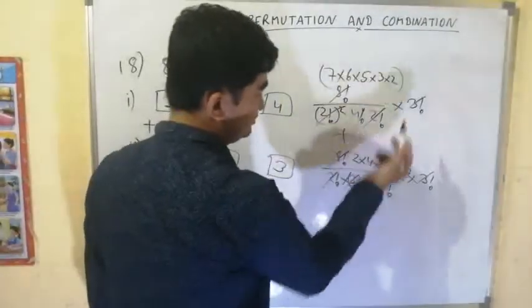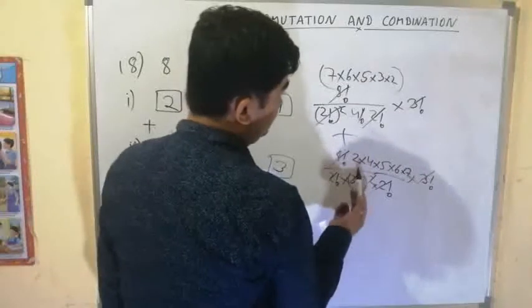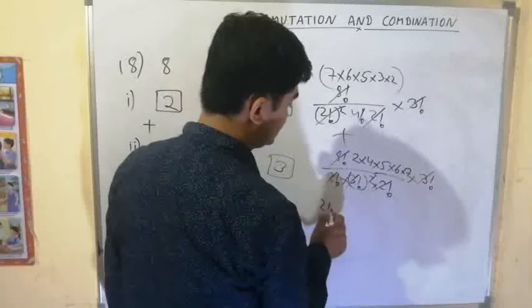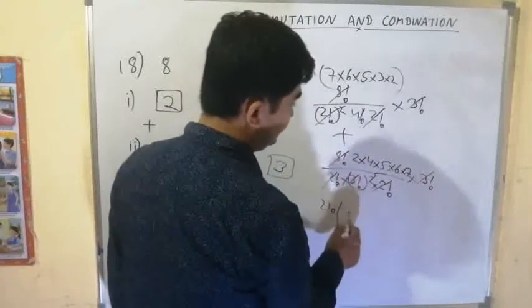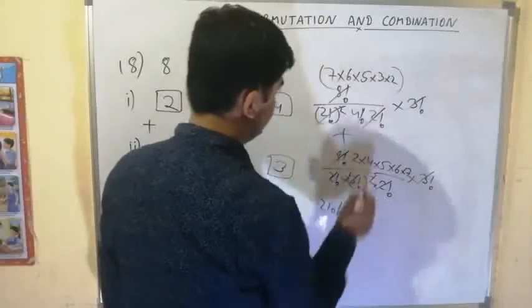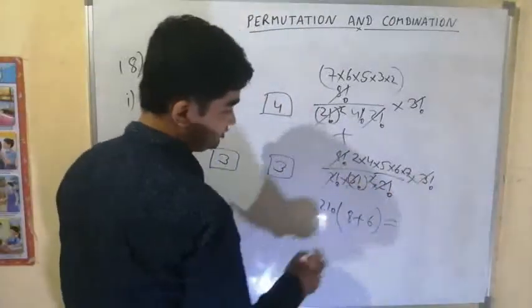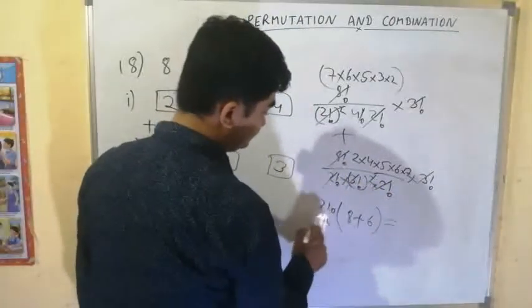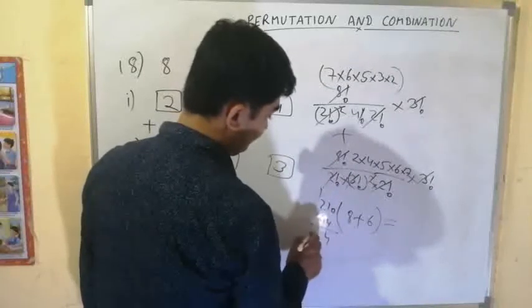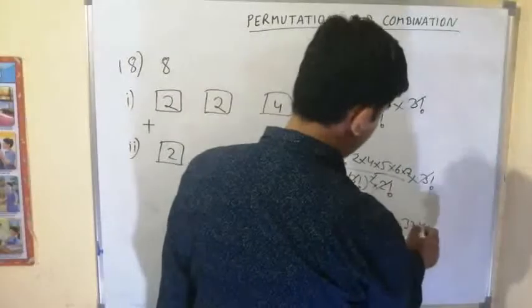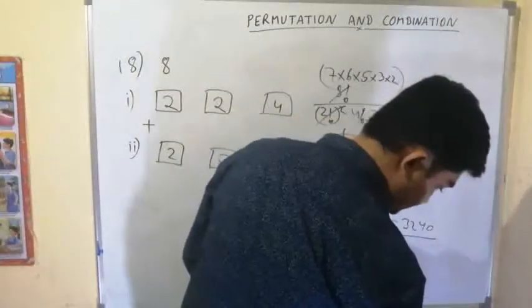So what is the answer? 7, 6, 5 is 210, which is common. What will we have? 8 plus 7, 6 is 14. 210 into 14. So what is this? 3240. 3240 is the answer.